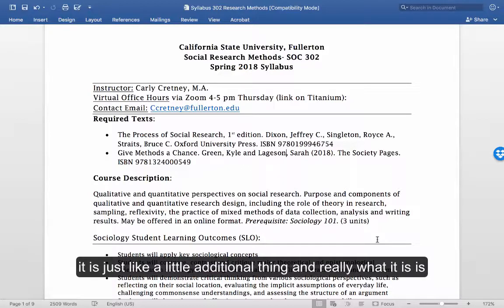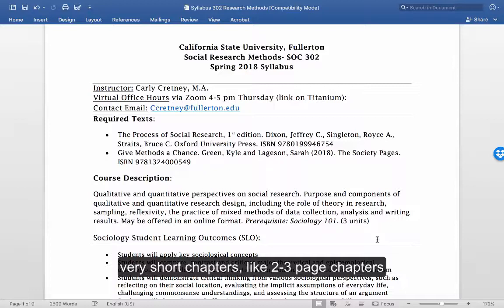And really what it is, is very short chapters, like 2 or 3 page chapters that I hope you will read, that go along with podcasts that are between 15 and 40 minutes in length. They're pretty short usually.